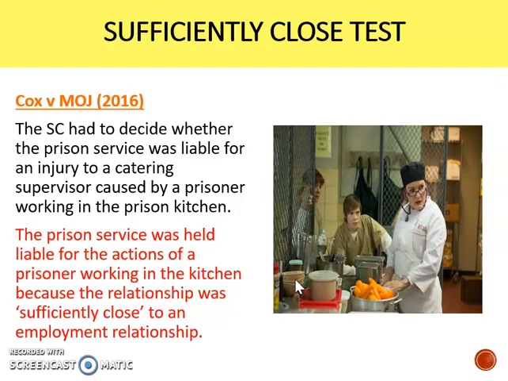And they said that the relationship was sufficiently close to an employment relationship. Now, this is a strange one because obviously the prison service doesn't really employ prisoners, not in a traditional employment relationship. Sometimes prisoners will do work for the prison, but it's not a traditional relationship. But nonetheless, the court decided it was sufficiently close. So they were happy to find an employer liable there.